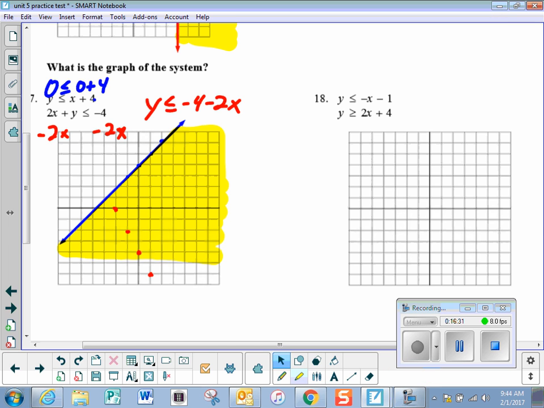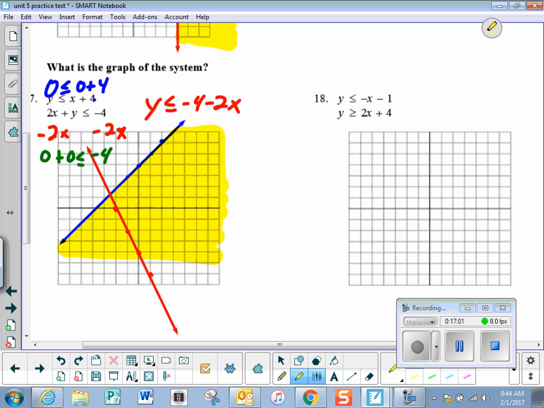It is solid, so I'm going to make my solid line. Okay, and then I need to decide which way I'm going to shade. Does 0, 0 work? Is 0 plus 0 less than or equal to negative 4? Is 0 less than or equal to negative 4? No, so I'm going to shade away from 0, 0.